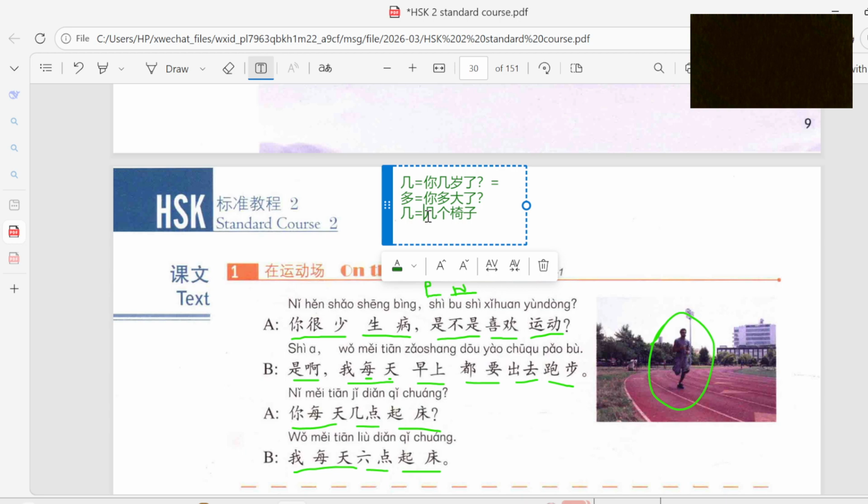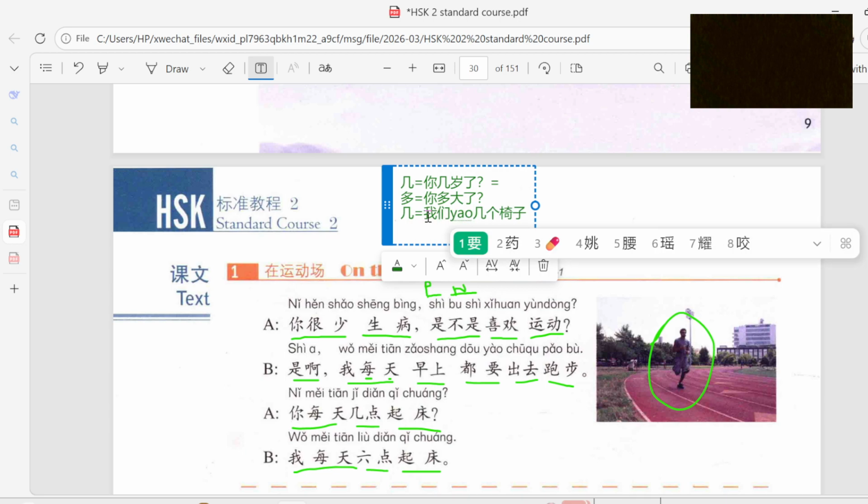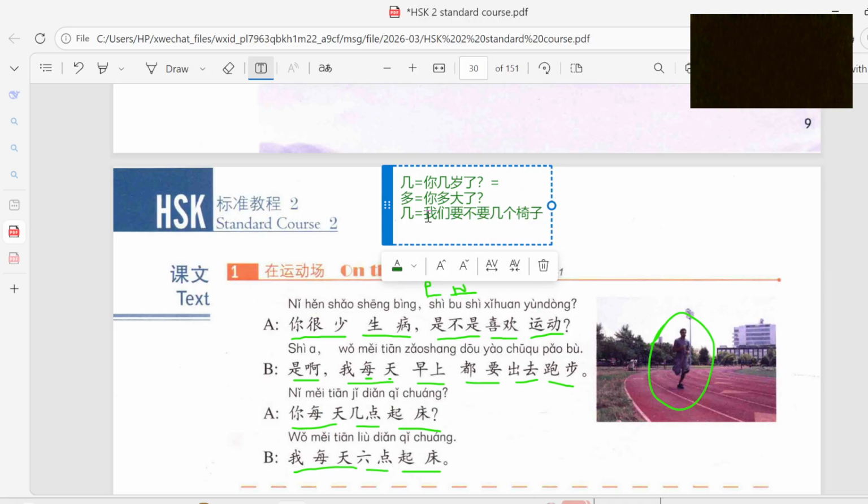The sentence was 我们要不要买几个新的椅子? The question was like this in the text. 我们要不要买几个新的椅子? Do you think we should buy some new chairs? 几个. So it actually means the chairs are not necessarily above 10.